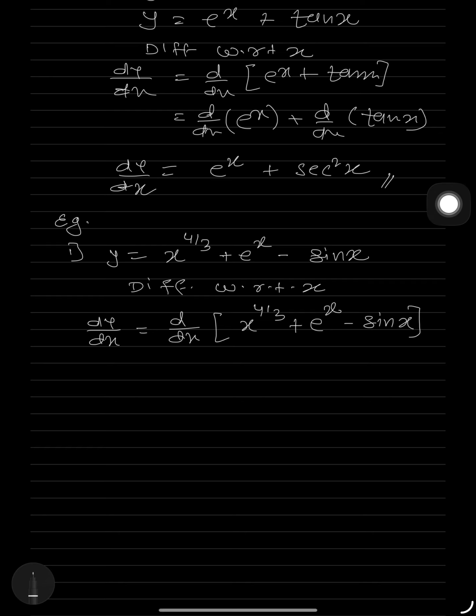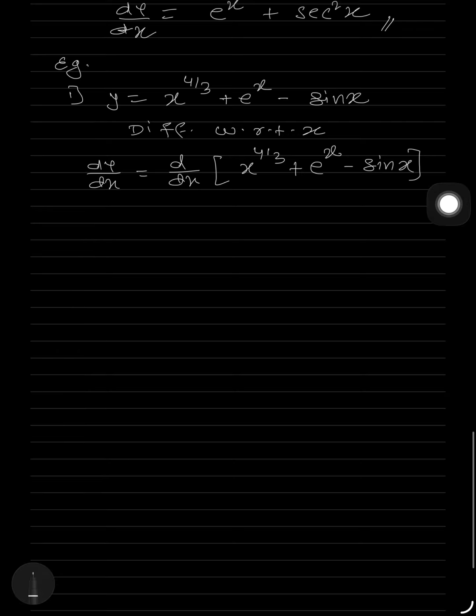I am showing you each and every step, from the board point of view. We take each and every term as we apply the rule of addition and subtraction: derivative of x raised to 4 by 3 plus d by dx of e raised to x minus d by dx of sin x.